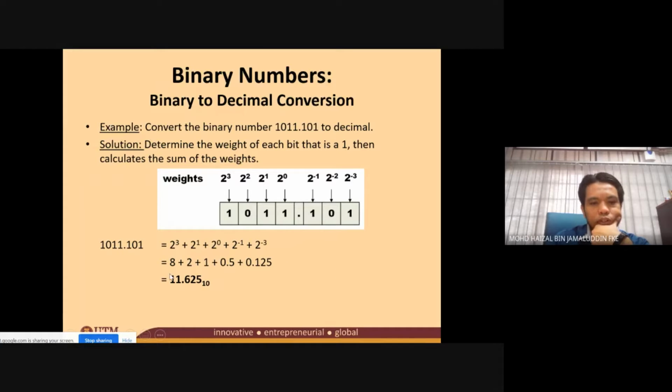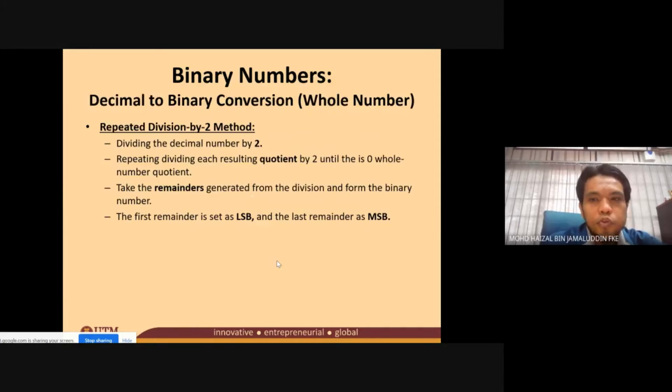So you just add up. Sometimes it's better to write a small number here, for example this 10 representing base 10, the decimal number. Okay, so this is the conversion from binary to decimal.